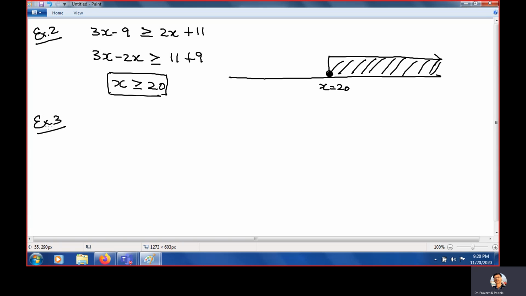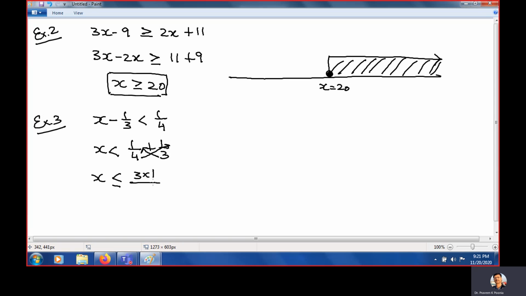Okay. Example number 3. What is it? It is x minus 1 upon 3 less than 1 upon 4. Okay. So x less than 1 upon 4 plus 1 upon 3. And this we learned in fractions. So multiply 3 here, multiply 4 here.